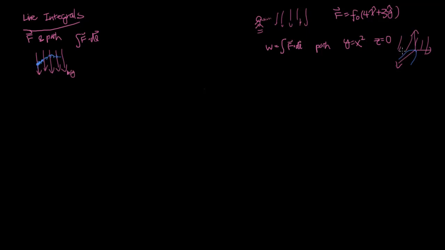So you're going to move it between 2 points along this curve. In this case, the problem states that you want to go from A, which is 1, 1, 0, to B, which is 2, 4, 0. So we're going to go from 1, 1, 0, which is going to be about here, and you're going to go along this line to 2, 4, 0, which is going to be something like over there.